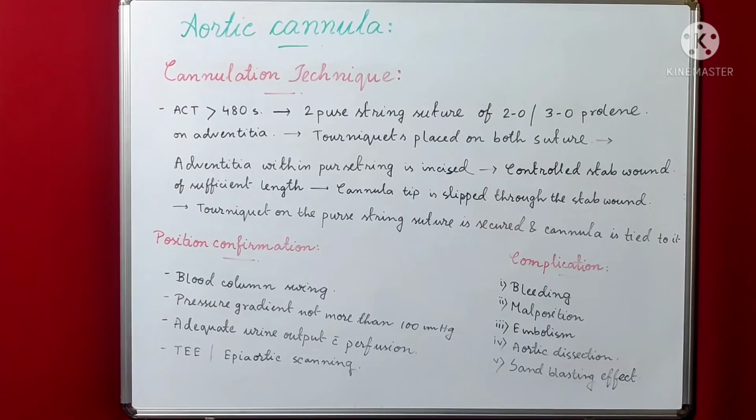So two purse-string sutures are taken for aortic cannulation, and they should only catch the adventitia and should not penetrate the lumen. We all know major arteries have three layers: tunica adventitia, tunica media, and tunica intima. Tunica adventitia is the outermost layer, so the purse-string sutures should only catch the tunica adventitia and not penetrate the lumen.